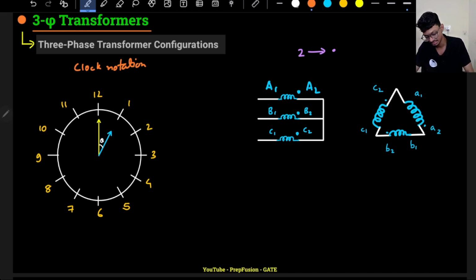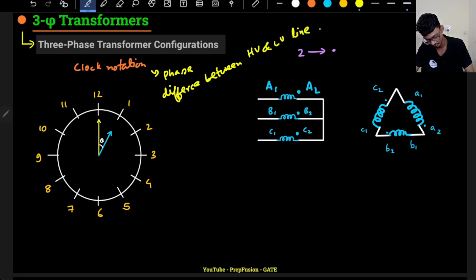So this tells me the phase difference between HV and LV winding, HV and LV line voltages.